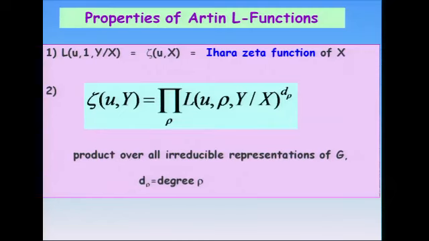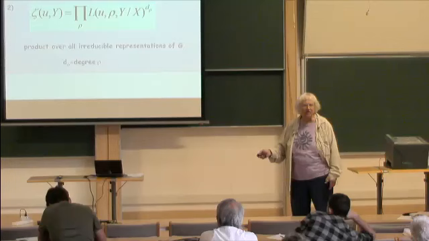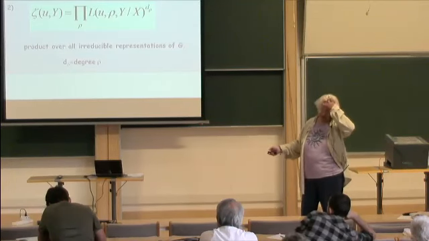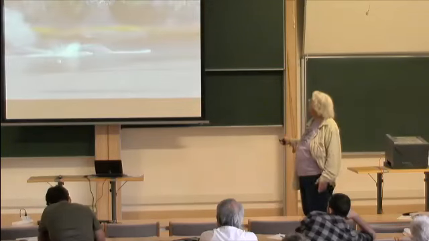Also, there is this other basic property that explains factorization of all these zeta functions, namely that if you take a product over all irreducible representations of the group, each taken degree number of times, you find the Ihara zeta function of the top graph in the covering, assuming, of course, it's a normal covering.